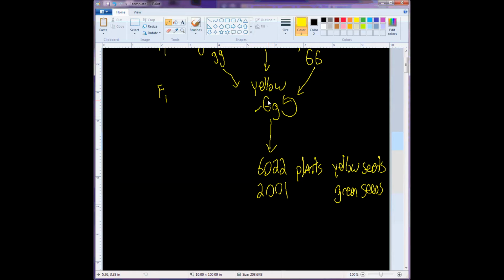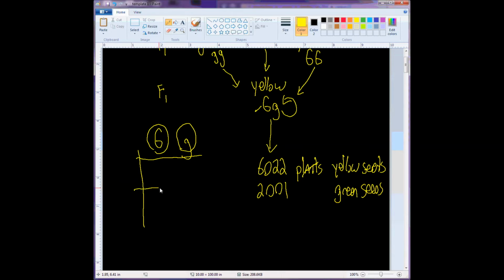So if we cross the yellow plants to each other, the F1 yellows, they can make pollen or eggs with either a big G or a little g, because that's the genotype, right? So one half of the pollen is going to be big G, the other half is going to be little g. And the same thing for the eggs here.